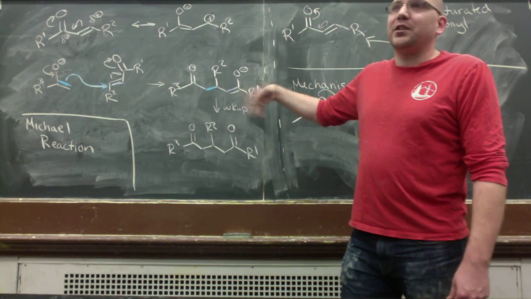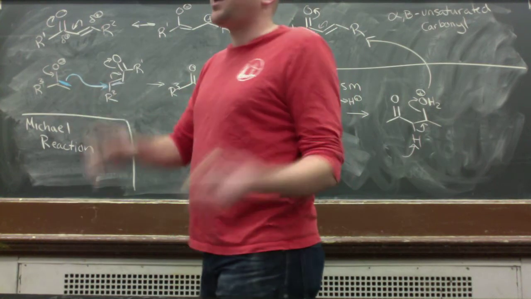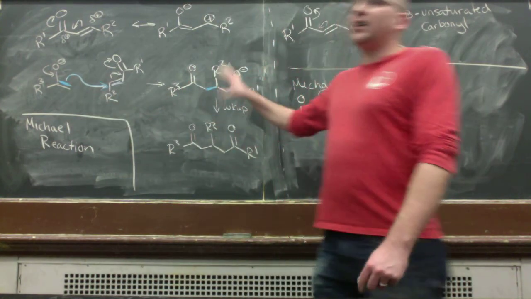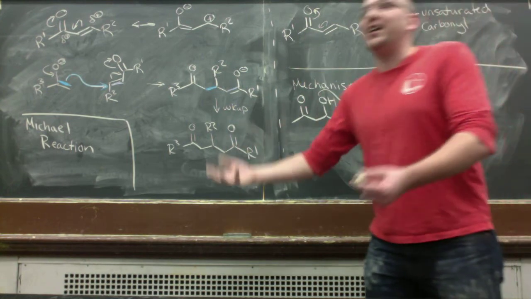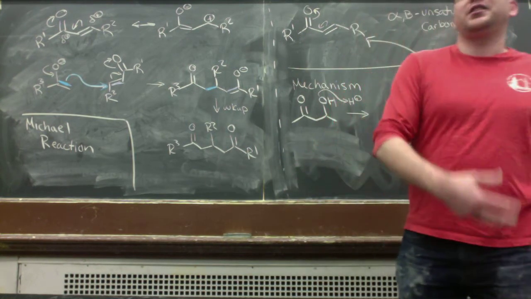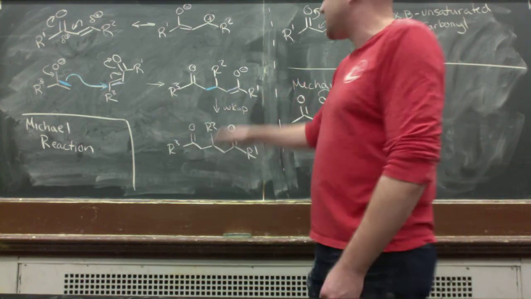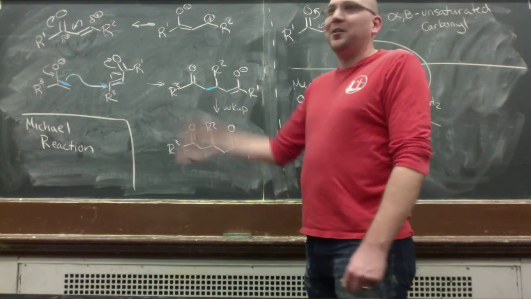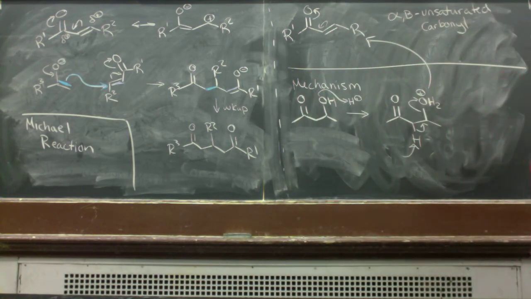So the workup is simply the subsequent step after the reaction. Every reaction generally has some type of workup associated with it. Not always, but oftentimes you run a reaction under acidic conditions, you neutralize those acidic conditions. You run it under basic conditions, you neutralize those basic conditions. So it's just the subsequent process. In this case, the workup would simply be take this, dump water in it. Okay? All right.